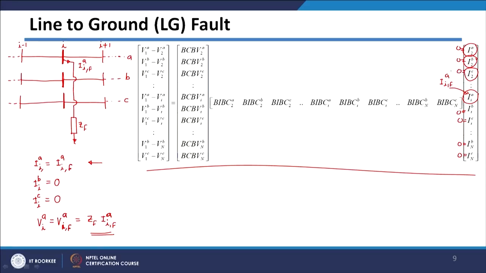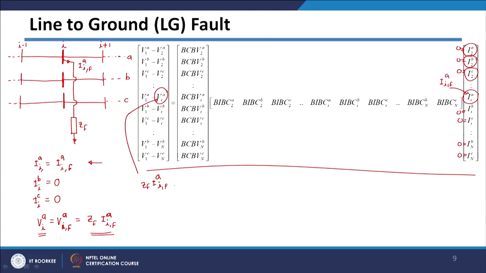And on the voltage side, if you see this particular post fault voltage, this voltage will change and become equal to this voltage here. So I can replace it by ZF multiplied by I_F, which is actually the ith bus current in phase A, where the fault has basically occurred.